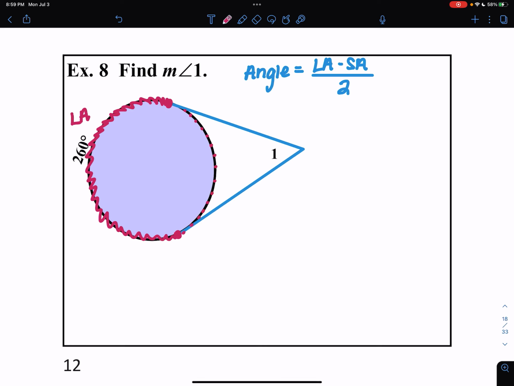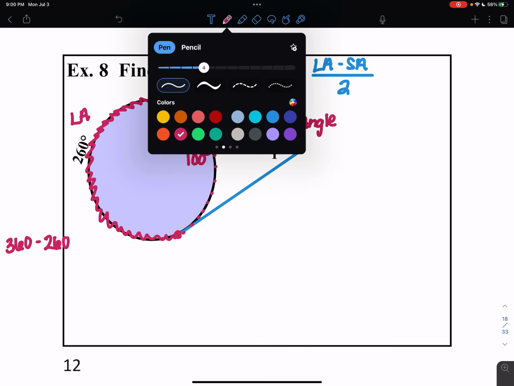So the large arc and the small arc together, when you have 2 tangents, make up the whole circle. So if I do 360 minus 260, there's 100 degrees left for the small arc. Once I know that, now I can solve for my angle. That's a special case: the large arc and the small arc make up the whole circle if the angle is formed by 2 tangents.